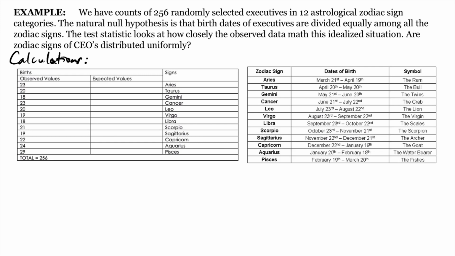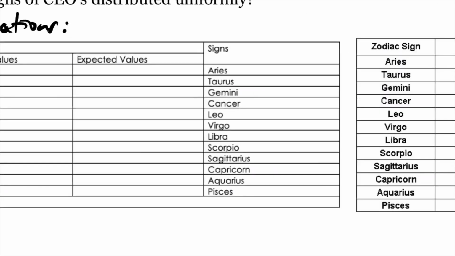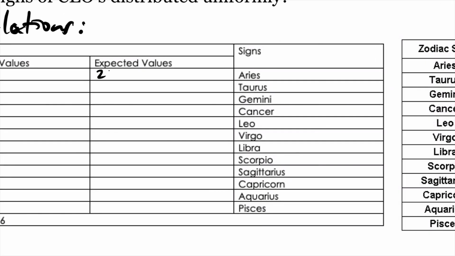How do we find expected counts? If they're evenly distributed, uniformly distributed, the same distribution, that means each one of these 12 should be the same. We should expect how many? 21.33. So let's go 21.33 for all of them.